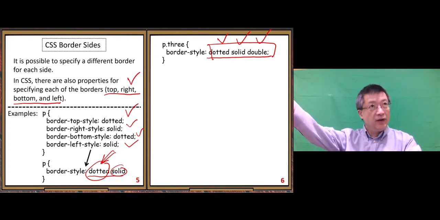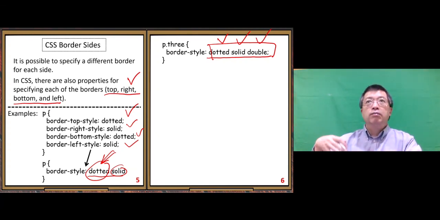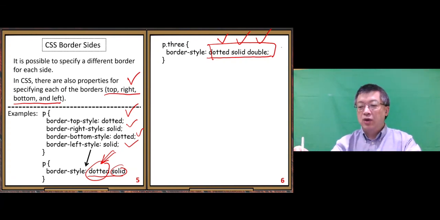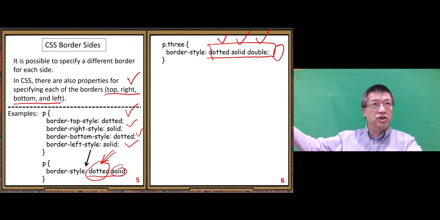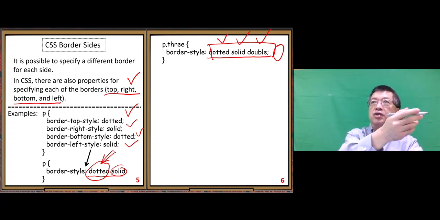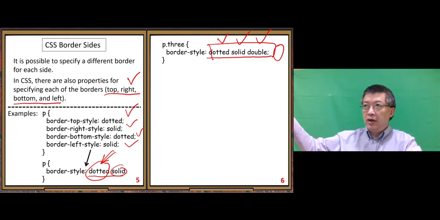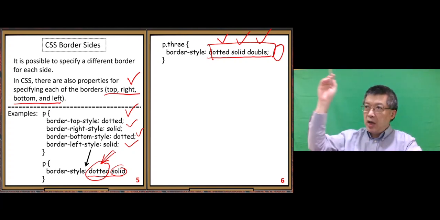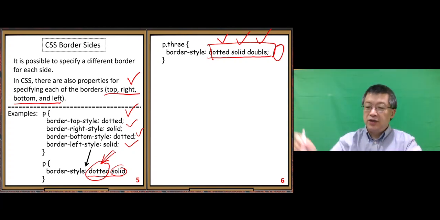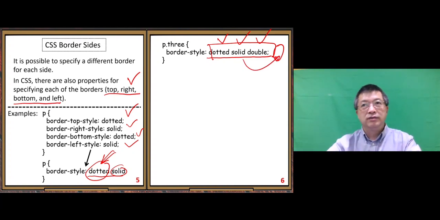Double is there for the bottom. Bottom, you just use it, right? But the left, the last one, there is no style corresponding to it. Look at its opposite side. So left, its opposite side, right. Its style, solid. So you have it, right?